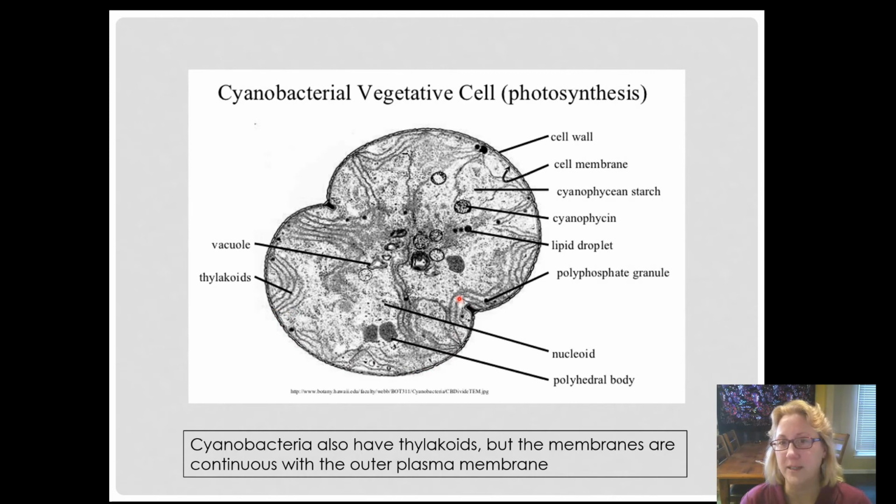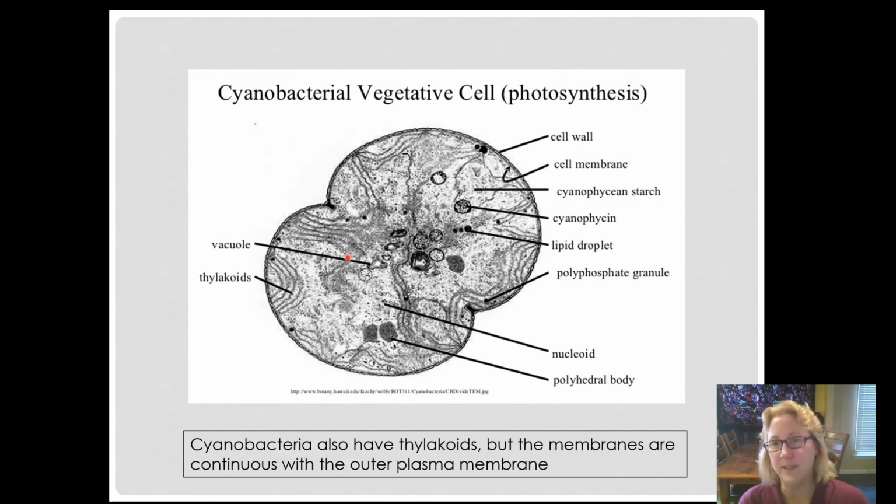So instead of being disconnected like they are in chloroplasts, they are in fact continuous with the bacterial outer membrane of the cyanobacteria. So things that are inside, in between these thylakoid membranes, in a cyanobacteria, that's actually continuous with the outside of the cell. And so that's equivalently outside the cell.